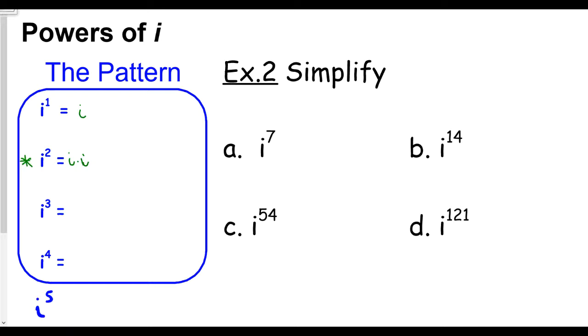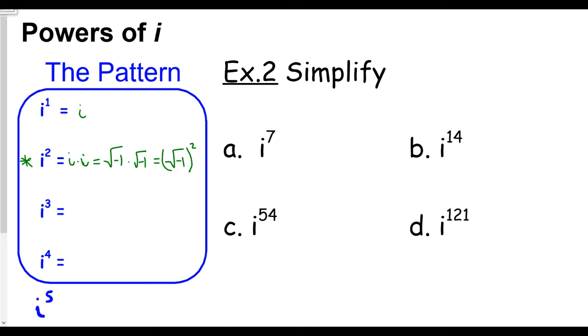Okay? Well, what is i equivalent to? We should remember that i is the square root of negative 1. So this is really the square root of negative 1 times the square root of negative 1. Well, we could rewrite that as the square root of negative 1, squared, couldn't we?